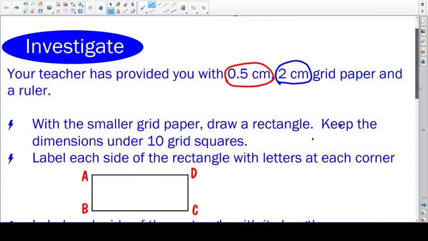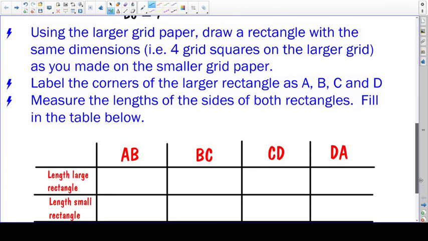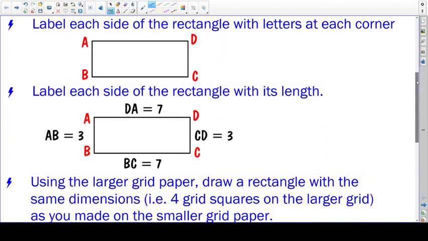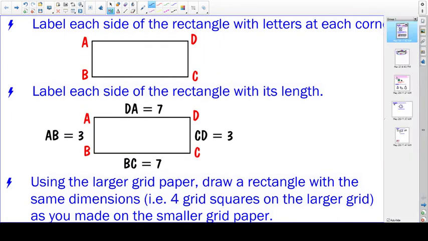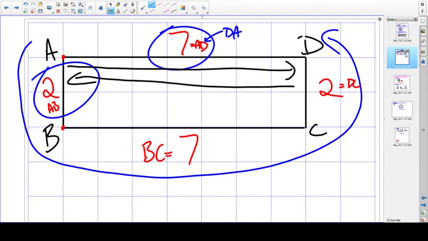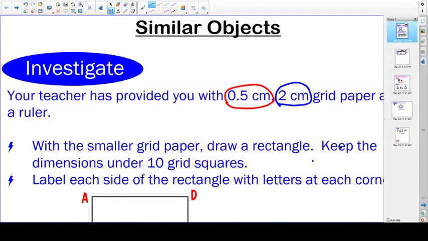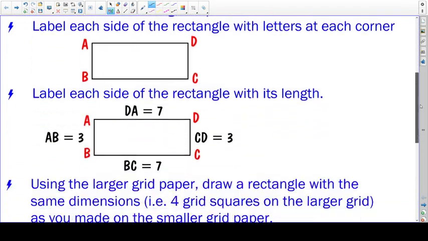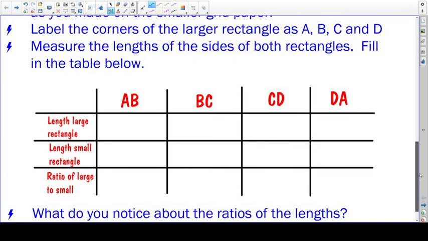Now, using the larger grid paper, so the big 2 centimeter grid paper, draw the exact same rectangle in terms of dimensions. So whether it's a 3 by 7 rectangle like I have pictured here, or a 2 by 7 rectangle pictured here, whatever dimensions you used to draw the first rectangle on the smaller grid paper, use them to draw the exact same dimensioned rectangle on the larger grid paper.